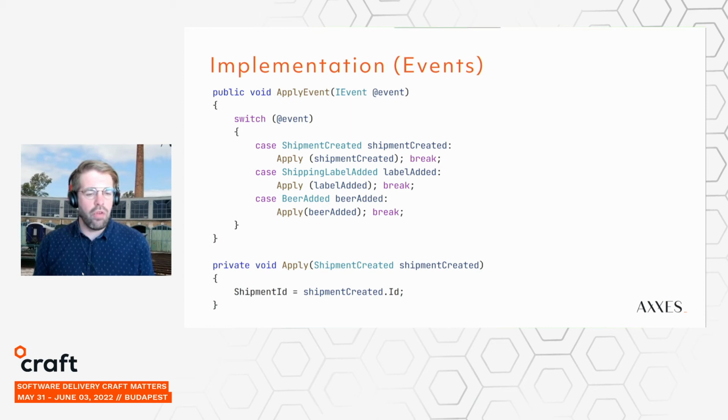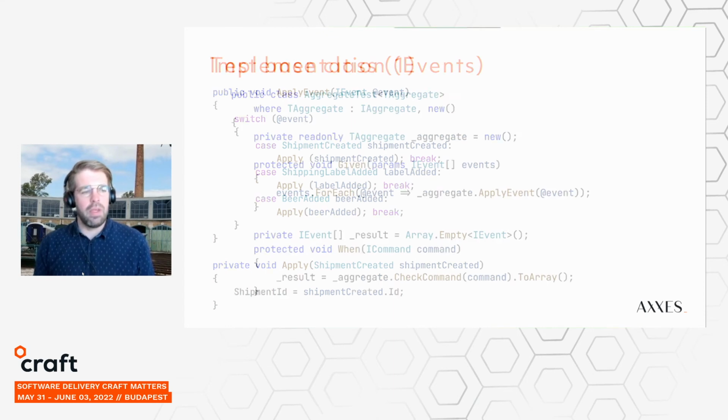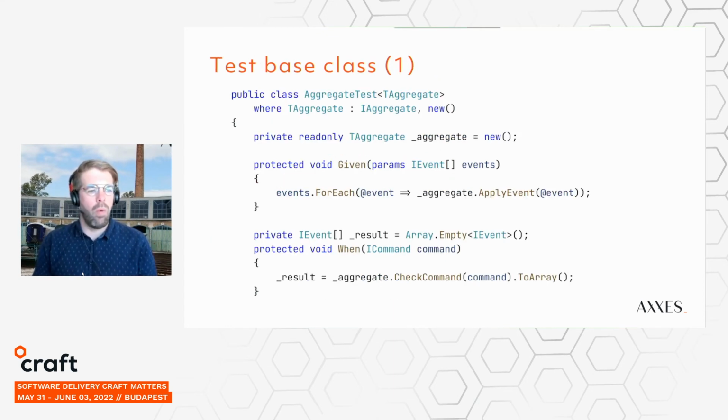Now, if we want to write unit tests for this, that becomes pretty nifty. What we're going to do is we can have a test-based class, and that allows us to test our aggregates. And what we're going to have is three methods. We're going to have a given, and given is just a bunch of events that have already happened on this aggregate before.